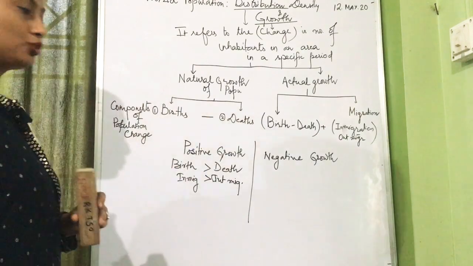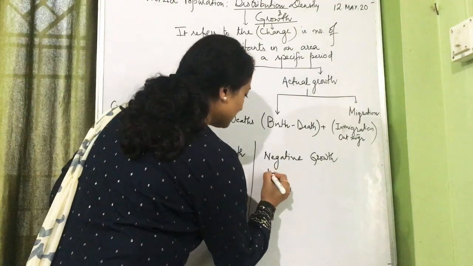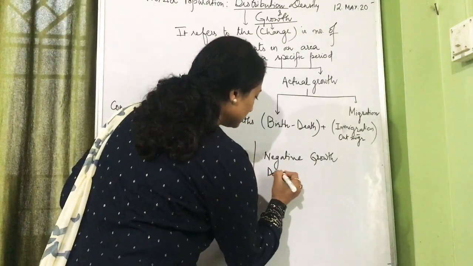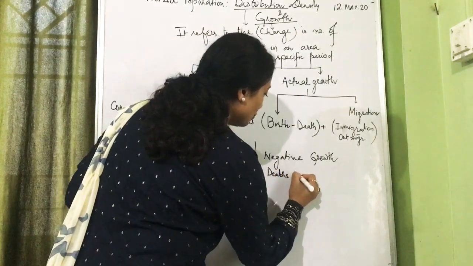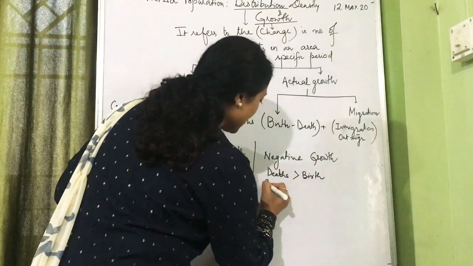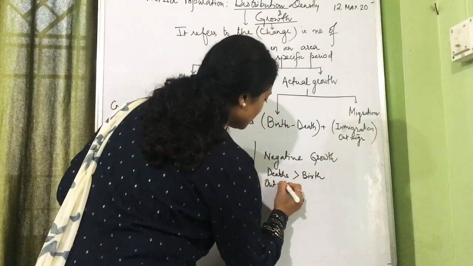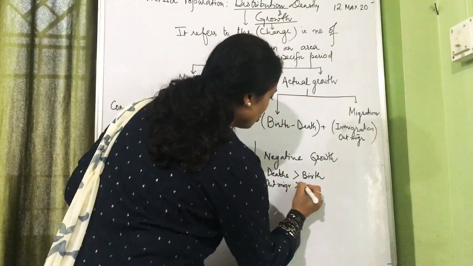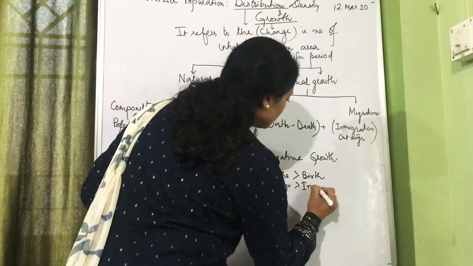We say negative growth of population when deaths are more than births and out migration is more than in migration.